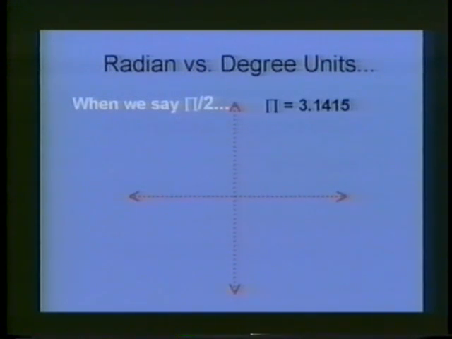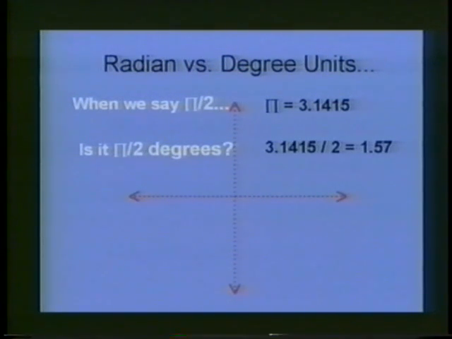If you think about it, pi is actually 3.14 something. Don't get crazy about decimals. If it was degrees, pi over 2 would be half of the 3.14, which would be 1.57. A degree is a teeny little thing, okay? That would be 1.5 degrees, that little picture there. That's certainly not right. We know that pi over 2 from our previous example is 90 degrees.